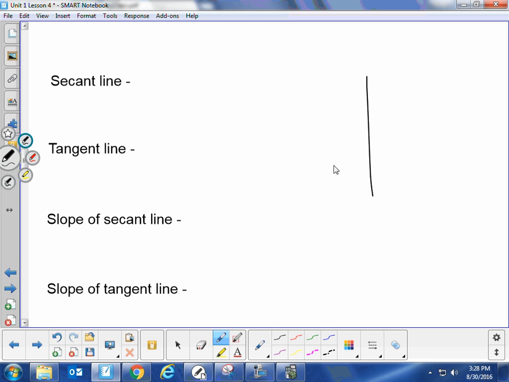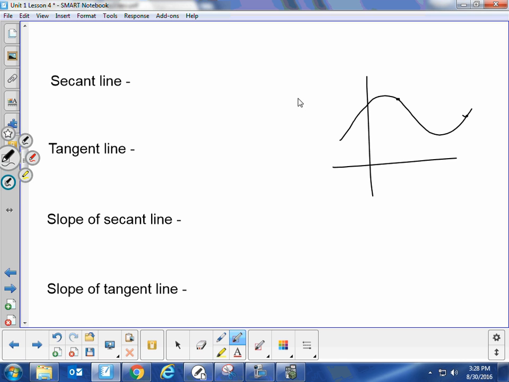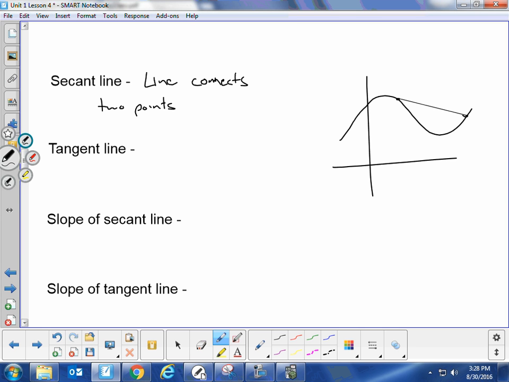And it's very simple. A secant line is just a line connecting 2 points on a curve. Let's talk about a curve. If I connect this point and this point, we have created a secant line. Now, the slope of this secant line, we say, is the average rate of change of the function.